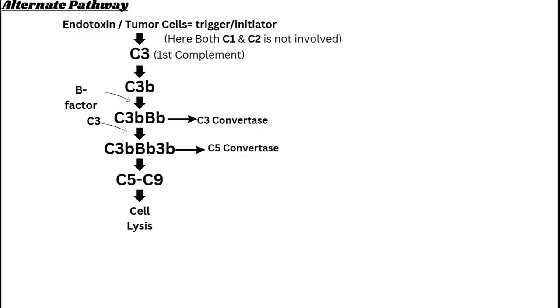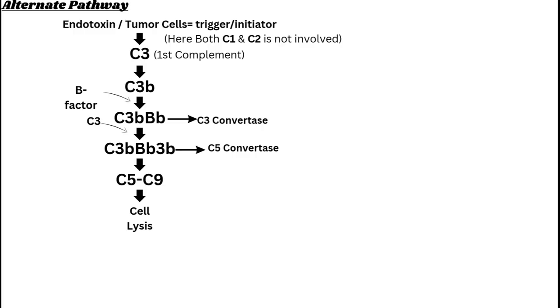Then the next complement will be C3BBb, which is considered the C3 convertase, because in the upcoming step it will cleave C3 into C3A and C3B, and we'll consider the C3B. So what will the C5 convertase be? C3BBb3B.